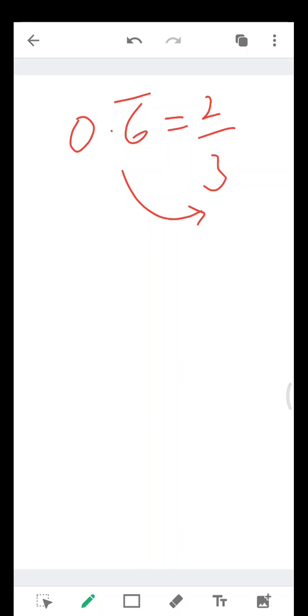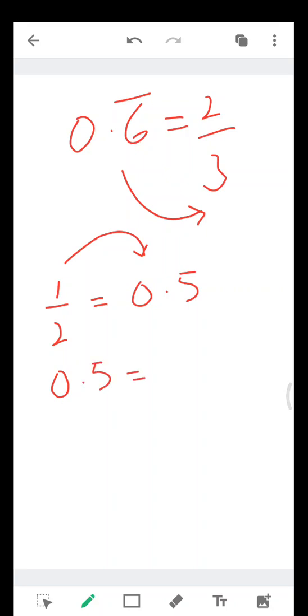For other fractions which are terminating decimals, like 1 by 2, 1 by 2 is 0.5. So I can easily convert 0.5 to 1 by 2. Here 1 by 2 I am converting to 0.5, and 0.5 I can easily convert to 1 by 2. Just I'll move the point. What happens if I move the point to the right?